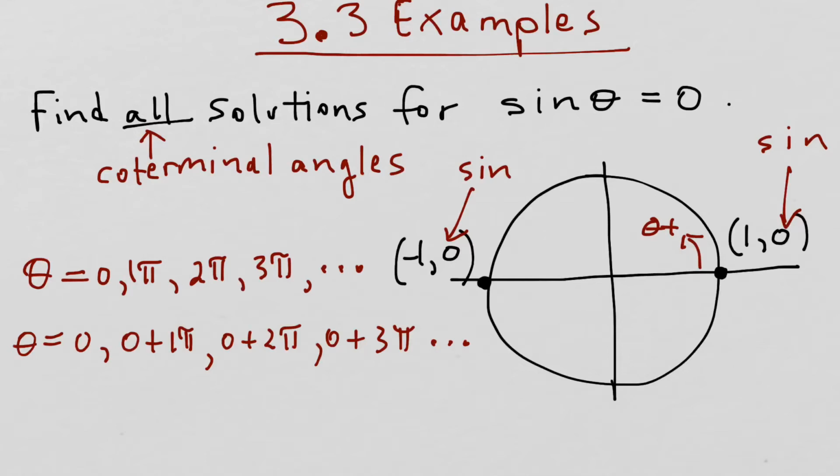If we look at the way this is written, we can say that theta is equal to the general case of 0 plus some integer k times pi. We don't have to write that 0 there. We can say that it's equal to k times pi, or pi times k, either way.